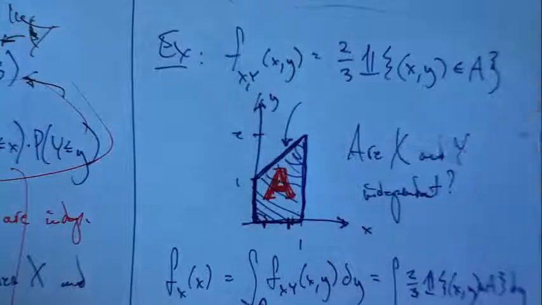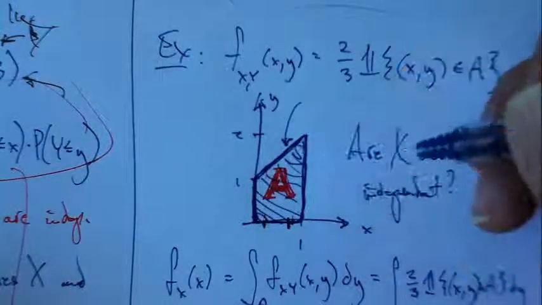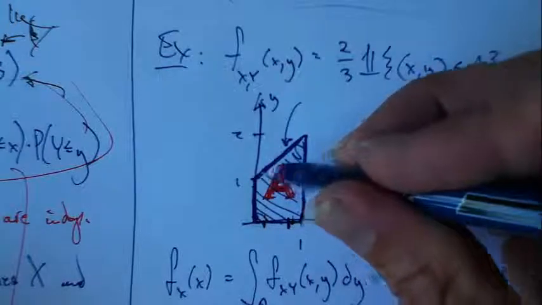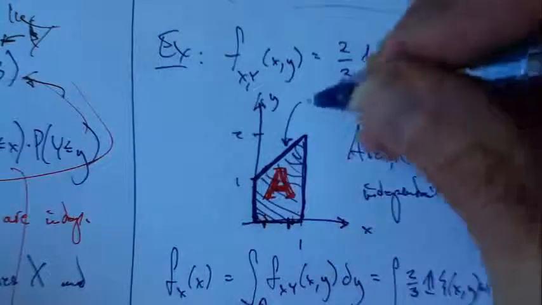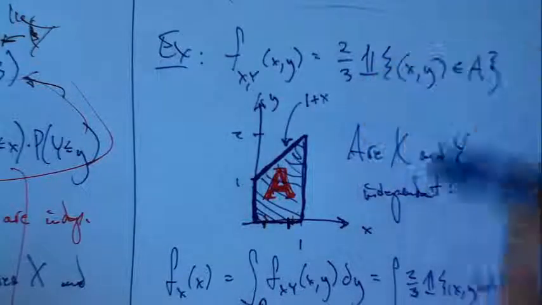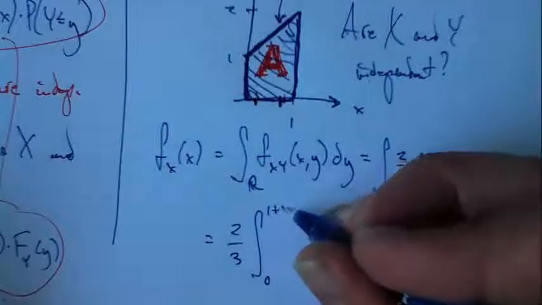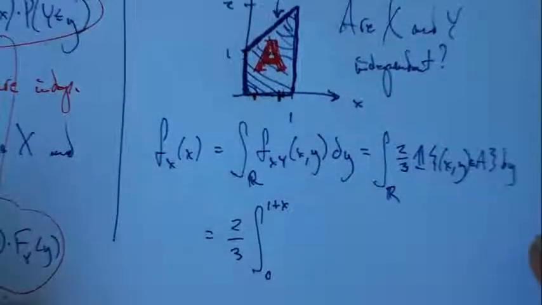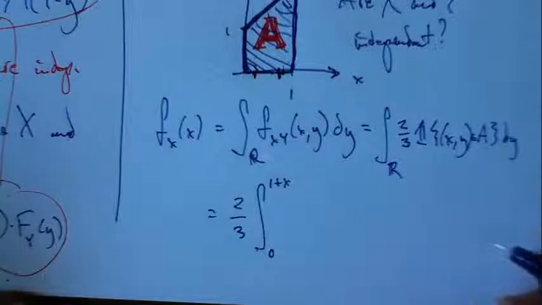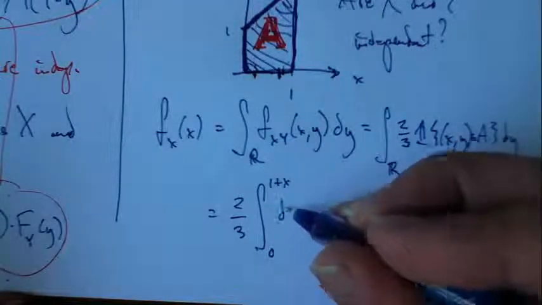It is indeed a function of x, right? That's the limit of integration for y. What is this? Let's see. The intercept is 1, and the slope is also 1. So this is the line 1 plus x. Y goes from 0 up to 1 plus x, doesn't it? Yes, it does. Then I just have dy there.